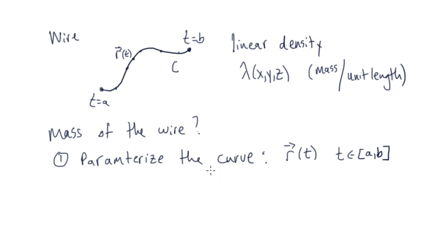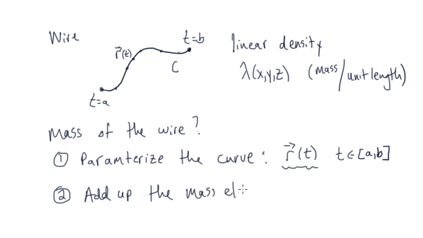Okay, so once we have a parameterization of the curve, r of t, then what can we do to find the mass of the wire? Well, we just add up the mass elements. And the mass element dm is, well, you take a small piece of the wire ds and you multiply it by the density there. So dm is just lambda times ds.